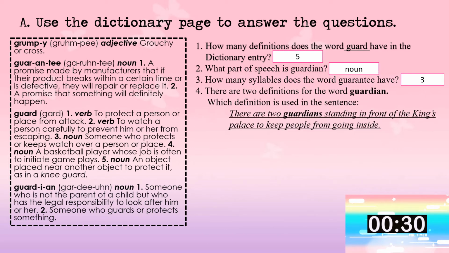That's right. Number 4. There are 2 definitions for the word guardian. Which definition is used in the sentence? There are 2 guardians standing in front of the king's palace to keep people from going inside. Timer starts now.